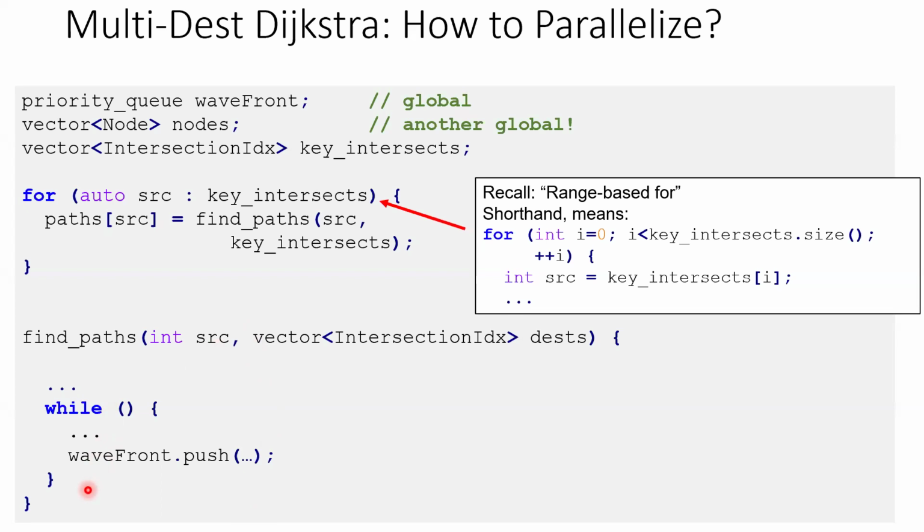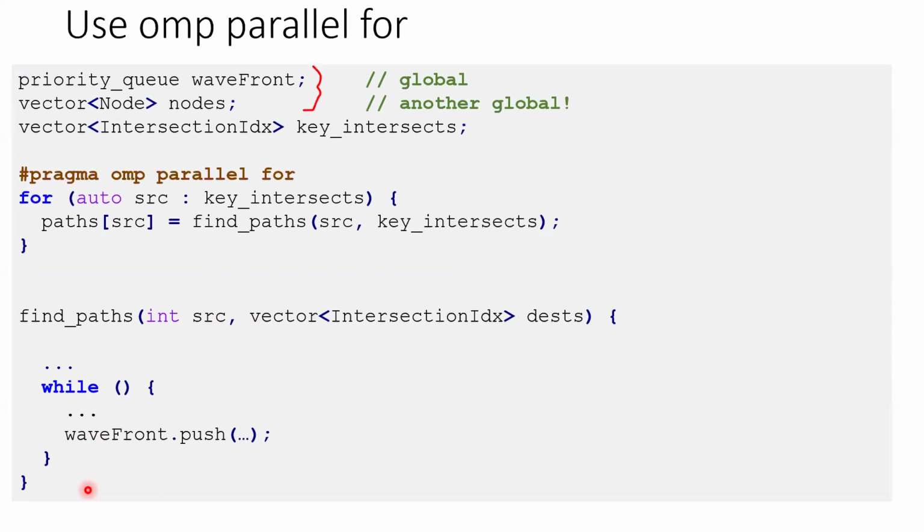How to make this parallel? Before the for loop, we add in this compile flag to make this a parallel for. But will this work?